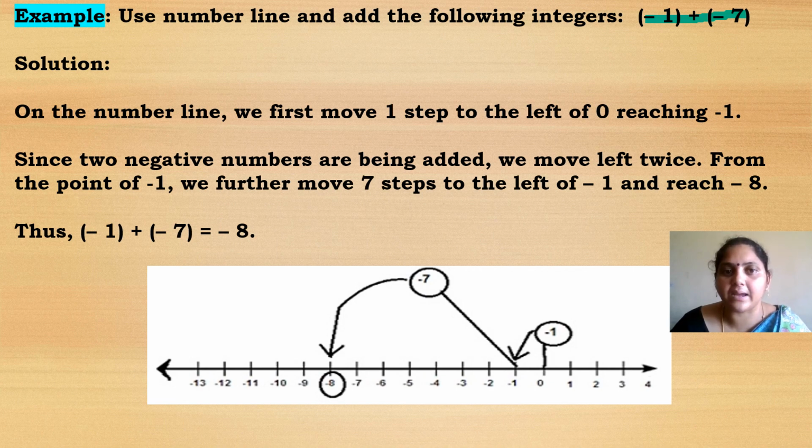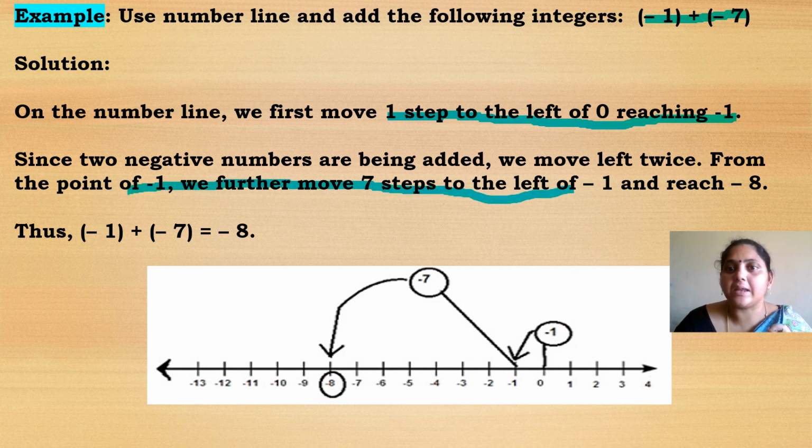On the number line, we first move one step to the left of 0, reaching minus 1. Since two negative numbers are being added, we move left twice. We further move 7 steps to the left of minus 1 and reach minus 8.